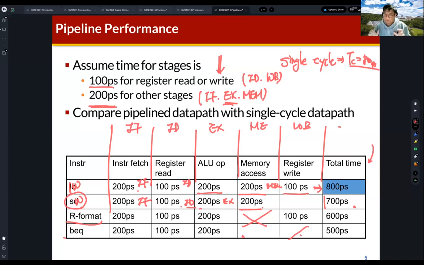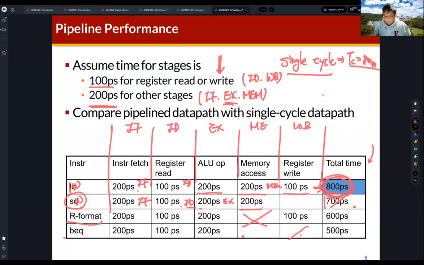Then what is the clock period for this pipeline architecture? For the single cycle processor, the longest delay determines the clock period. It looks like this: this is the flip-flop, and this is a combinational logic, and the maximum delay of this combinational logic is 800 picoseconds, and this maximum delay decides the clock period.